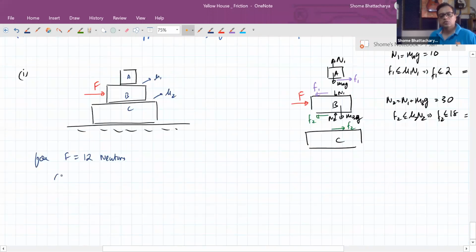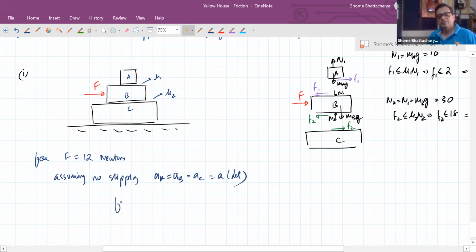Okay. Assuming no slipping, that is acceleration of A is equal to acceleration of B, is equal to acceleration of C, equal to some common acceleration a, let. Okay.